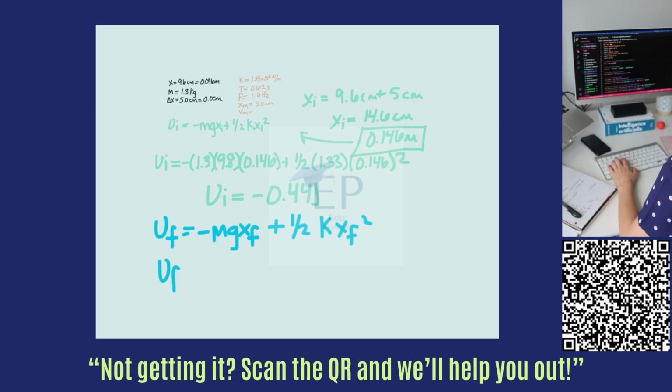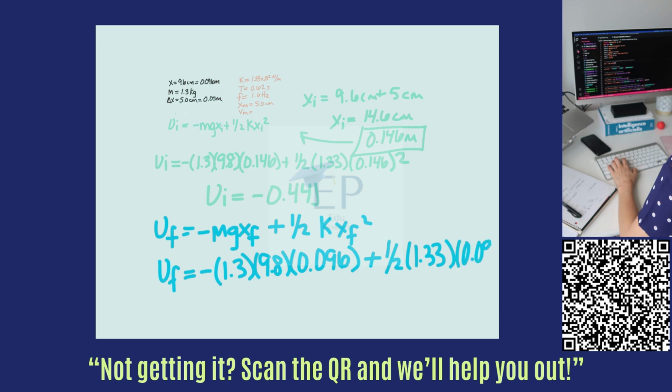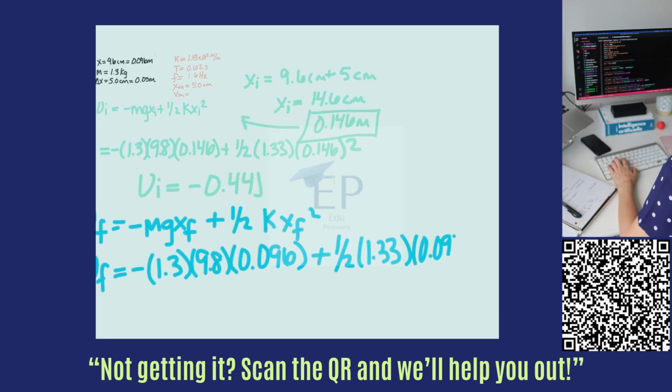So our final potential energy will be negative 1.3 times 9.8 meters per second squared times 0.096 meters, because that's where the block reaches equilibrium, plus 1 half times 1.33 newtons per meter times 0.096 meters squared.